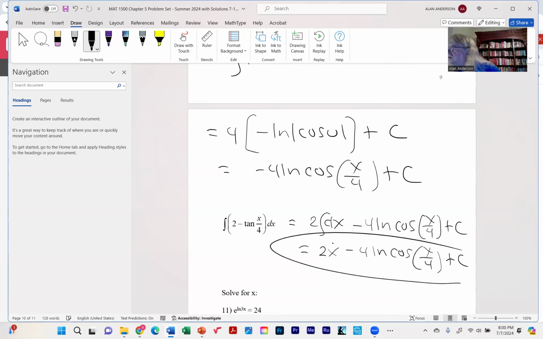All right, and now we're done. So by getting involved with that tangent, it would be easy to forget all about the, oh, I almost forgot the absolute values. Yeah, in other words, we spent so much time with the tangent. Don't forget about this first part, this 2. It needs to be there as well. So you have 2x minus 4 log absolute cosine x over 4 plus c.